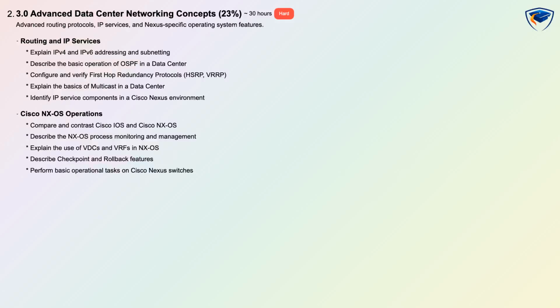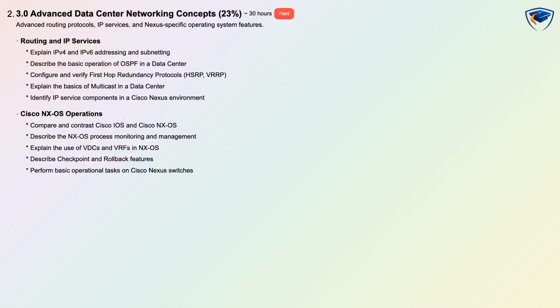Domain 3.0 Advanced Data Center Networking Concepts also carries 23% and is rated hard with about 30 hours of study and both hands-on and conceptual assessment. This domain focuses on advanced routing protocols, IP services, and Nexus-specific operating system features, so you will learn IPv4 and IPv6 addressing and subnetting along with OSPF basics for data centers.